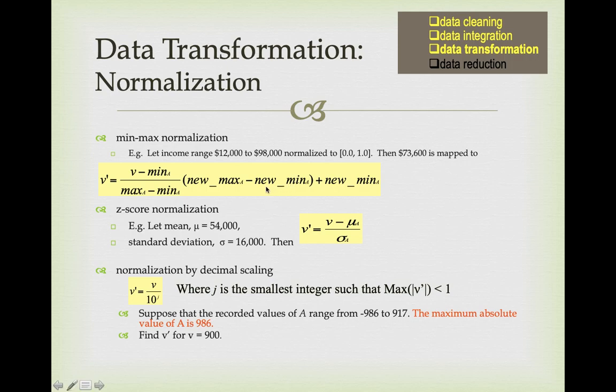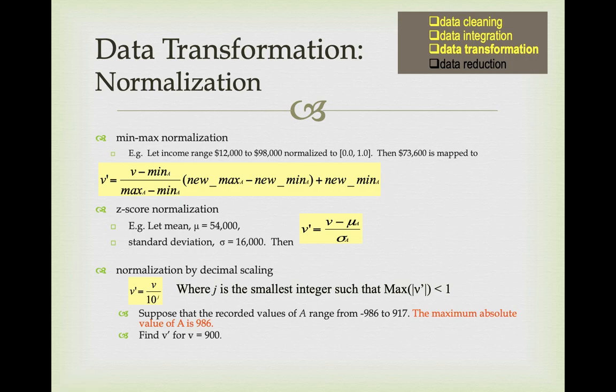For example, let income range from 12,000 to 98,000, normalized to 0.0 to 1.0. Then 73,600 is mapped to where? We have a v prime here, with v, min A, max A. This is the mathematical formula for min-max normalization.